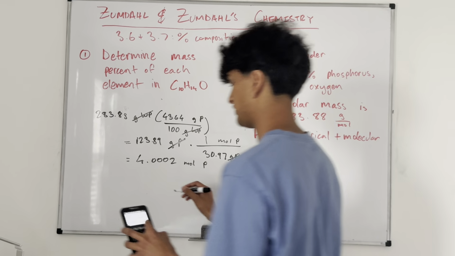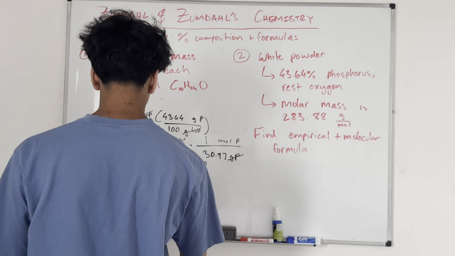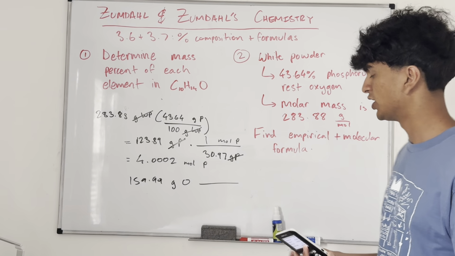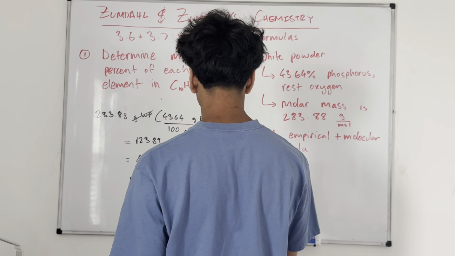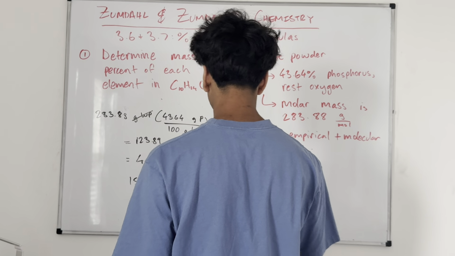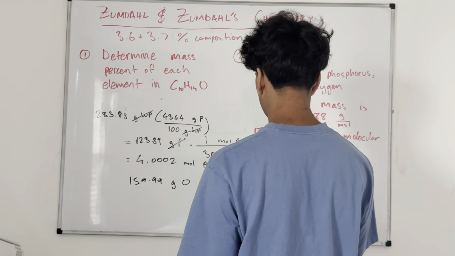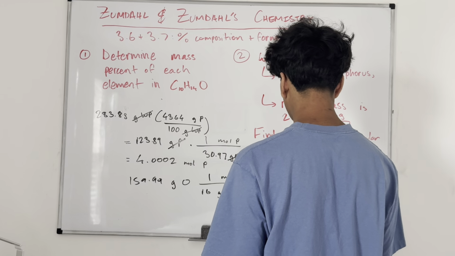So I can write this out, just 159.99 grams of oxygen. And I know, well, hey, there's a ratio. 16 grams of oxygen belongs in 1 mole of oxygen. So if I divide this number by 16, I get about 9.999673.